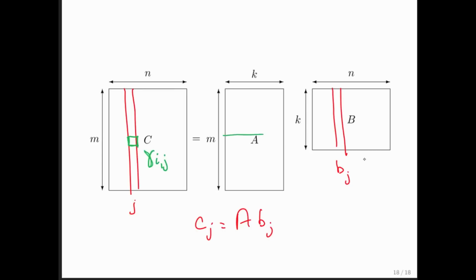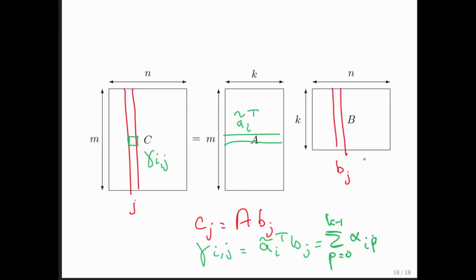That is equal to the row of A, which we denoted by a sub i tilde transpose, inner product with the jth column of B. So that tells us that gamma sub ij is equal to a sub i tilde transpose b sub j, and that dot product or inner product is defined as the summation from p equals 0 to k minus 1 of alpha sub ip times beta sub pj.